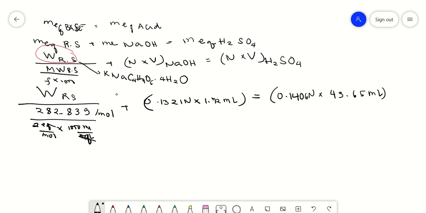So you will get here a value of Rochelle salt of 0.834 grams.